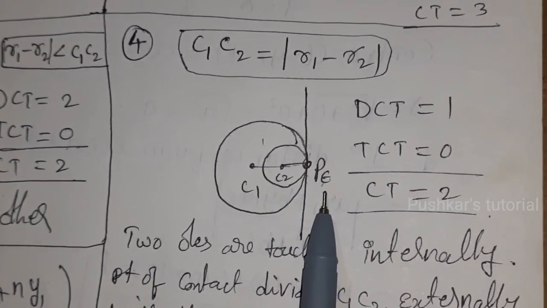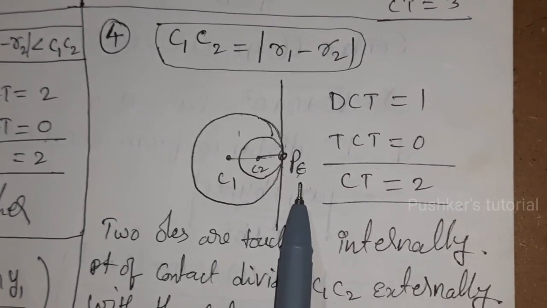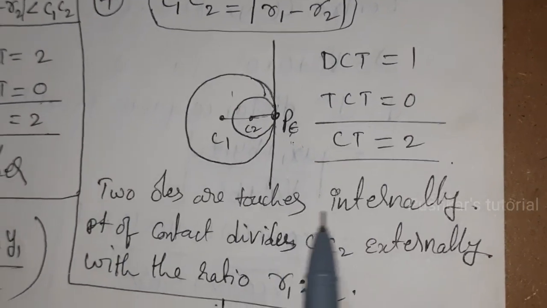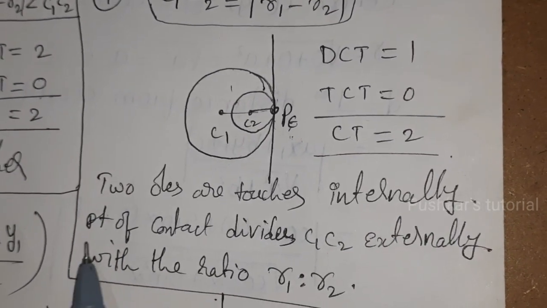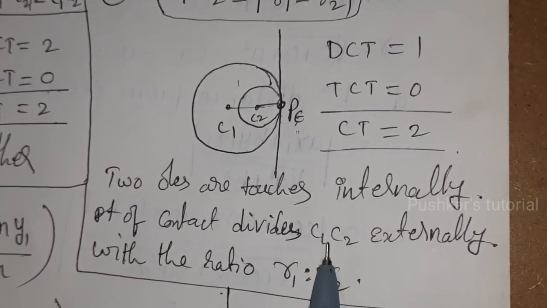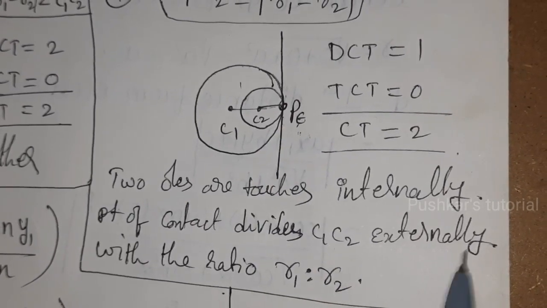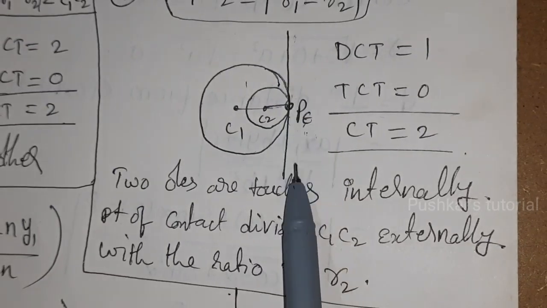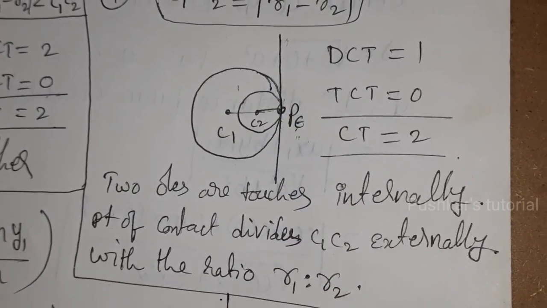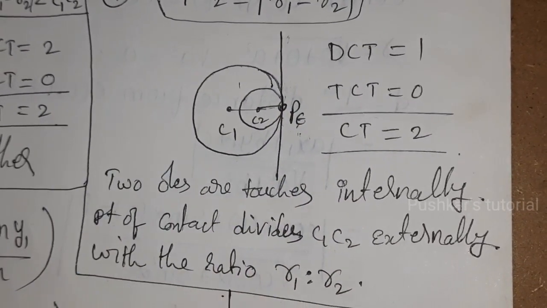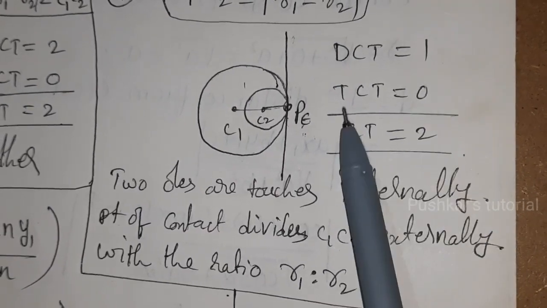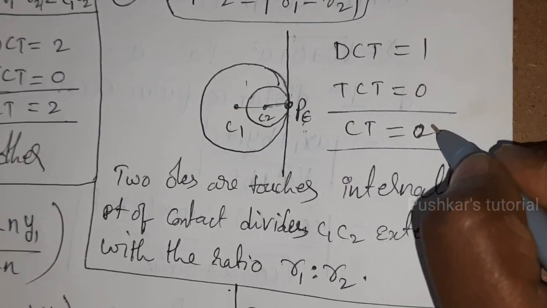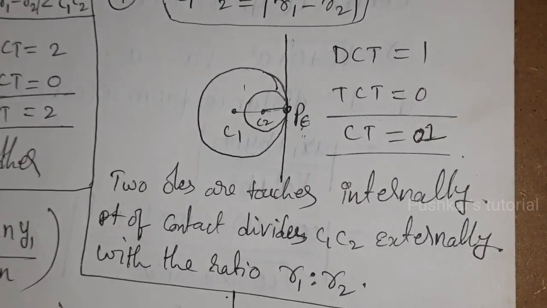In the previous case, P was in between C1C2, meaning internal. So when two circles touch internally, the point of contact divides externally in the ratio R1 to R2. This is a DCT because the two circles are on the same side. So one DCT, no TCT, only one common tangent.